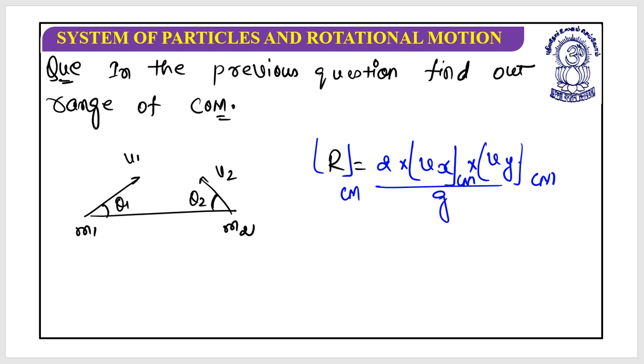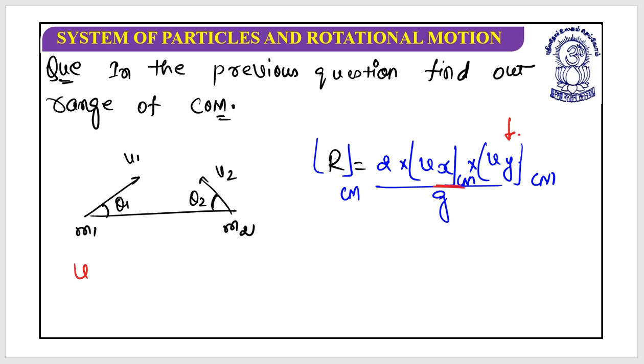Yes, even g is the center of mass. So what I know is that you have already calculated this. The only thing that you require is the ux. I hope this is clear. Am I clear? Yes, the only thing that you require is the ux.